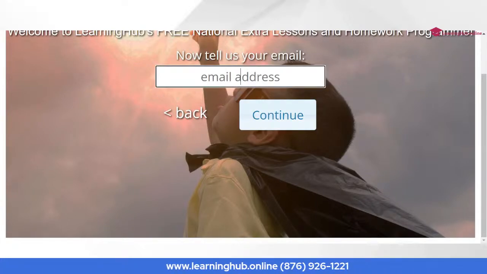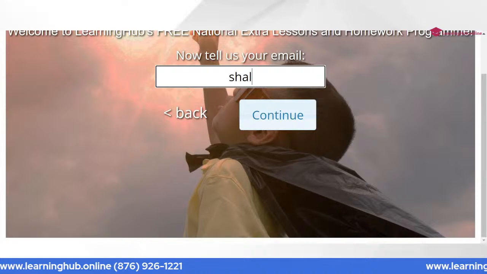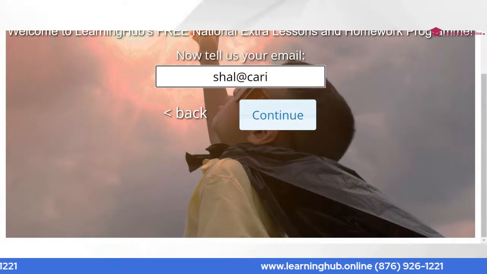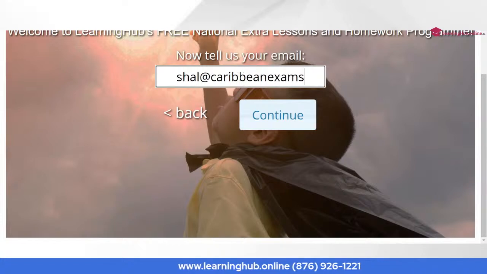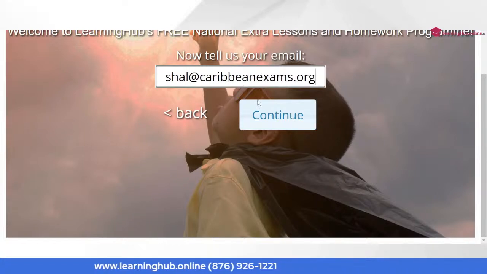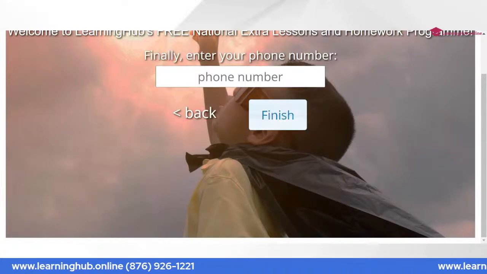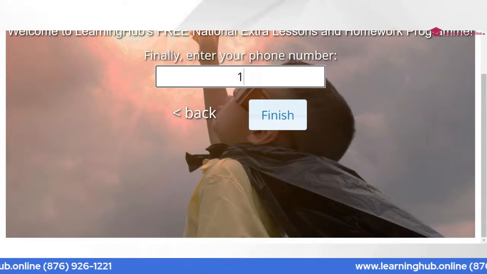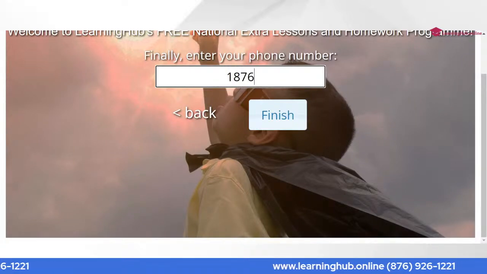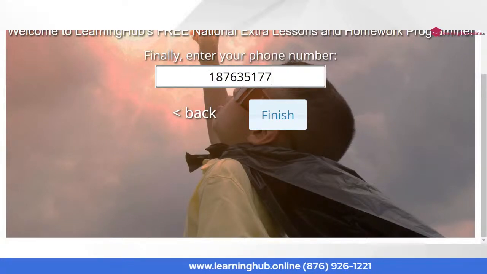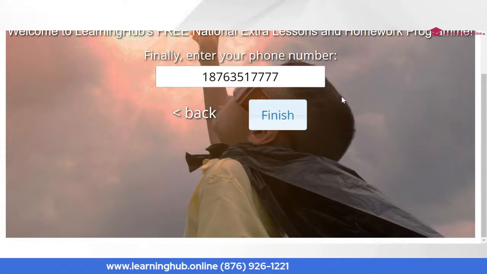It asks for my email address, and I'm going to select Shala at CaribbeanExams.org. That's my email address. Continue. And it asks for my phone number. The whole Jamaica knows my phone number. 876-351-7777. 47's lucky number.